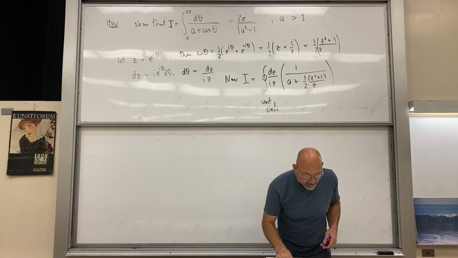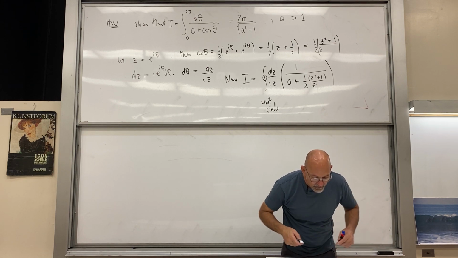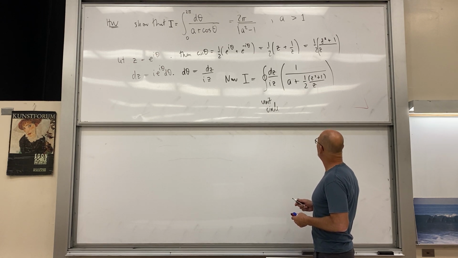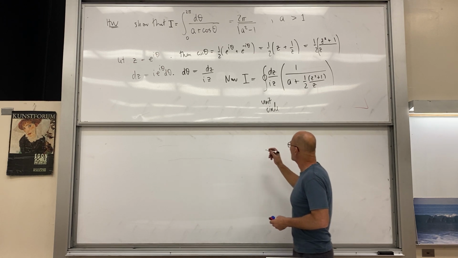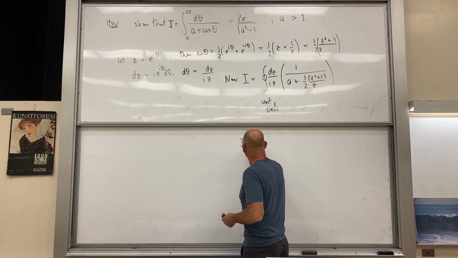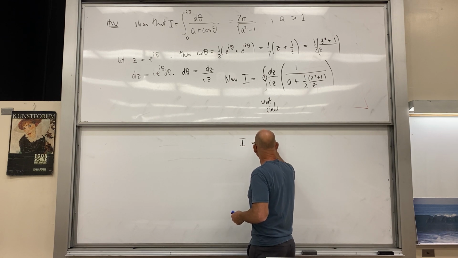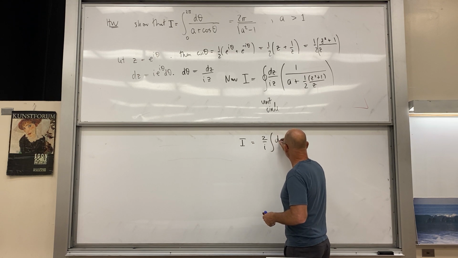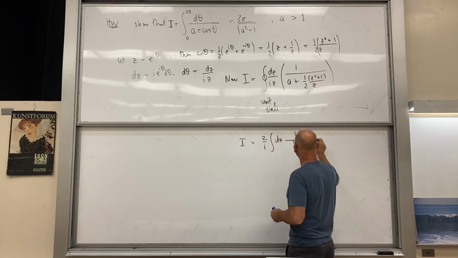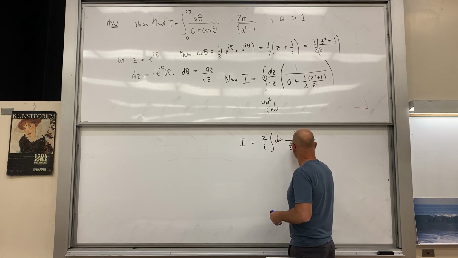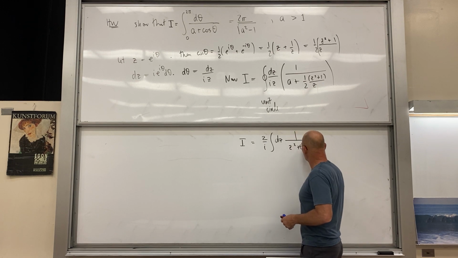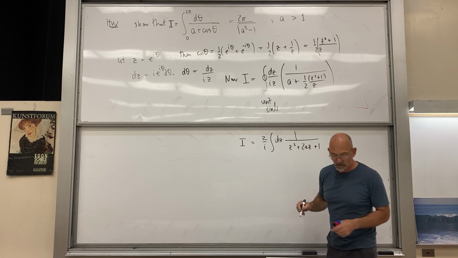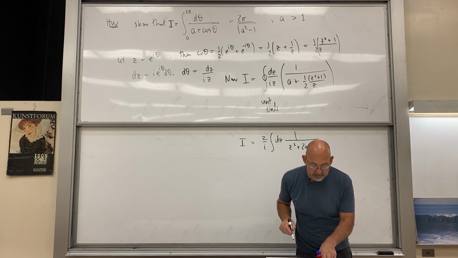We're going to put 2 divided by i dz, 1 over z squared plus 2az plus 1, right? 2 over i.